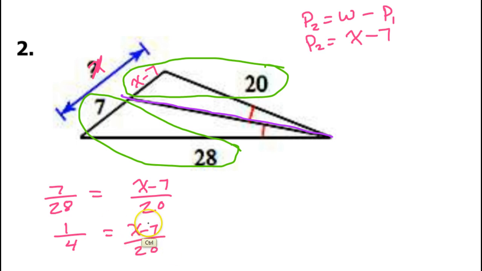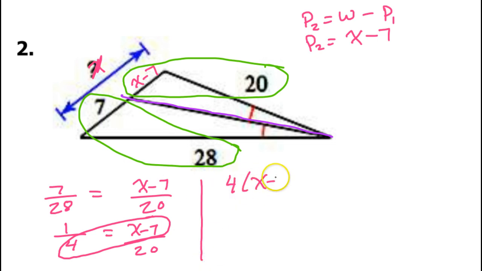And then we will cross multiply. So if I do this diagonal right here, that is going to be 4 times x minus 7 equals, and then if I multiply along this diagonal right here, 1 times 20 is just 20.